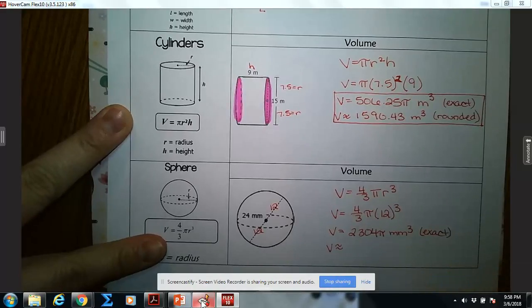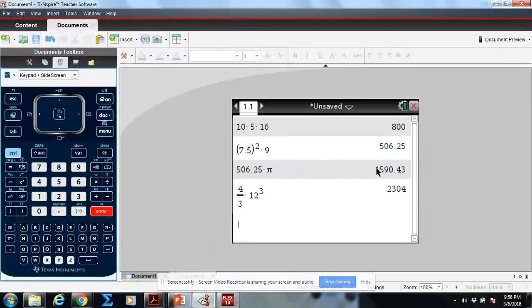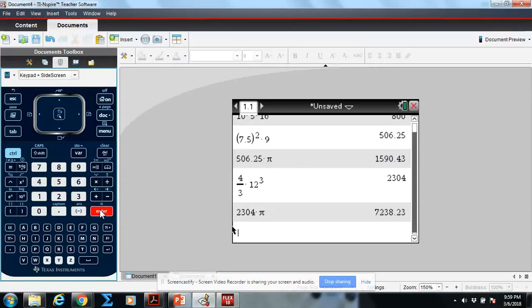Okay, let's go multiply that value by pi to get the rounded answer. 2,304 times pi is 7,238.23 millimeters cubed.